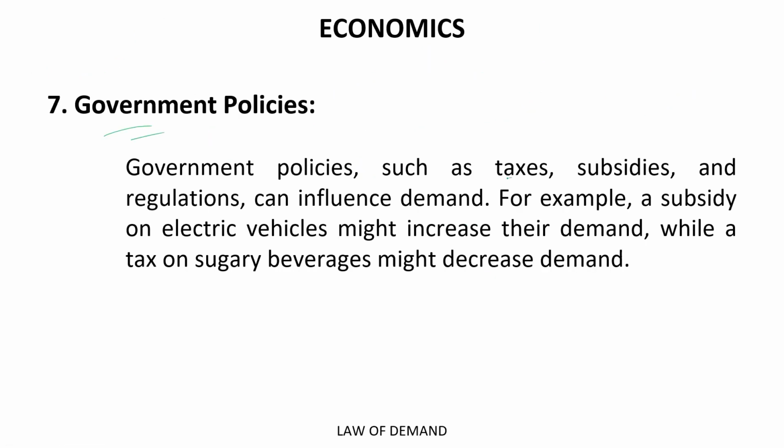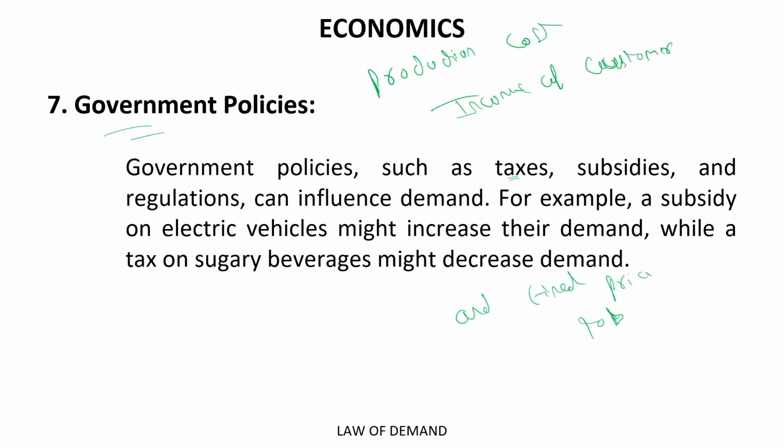Thereafter, the government policies. The government policies of taxes, subsidies and regulations can influence demand, because they directly affect the production cost, income of customer, and final price to be paid. Just take the example of production cost. If the government has implemented more taxes on the raw material, then what will happen?